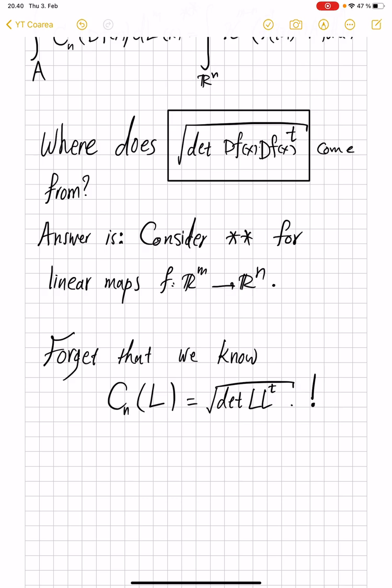Also, I am identifying linear maps with the matrices in the standard basis. So in this identification, the adjoint operator of L is also L transpose in the matrix form. So I'm having this identification implicitly throughout.